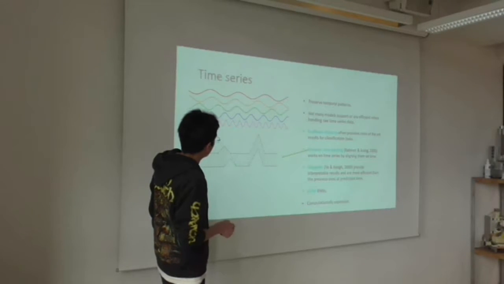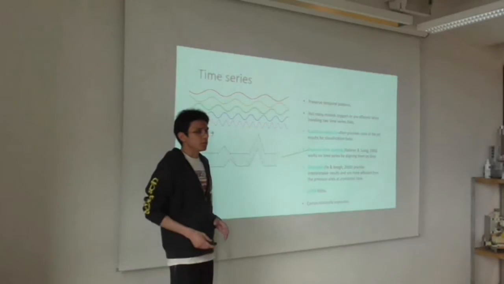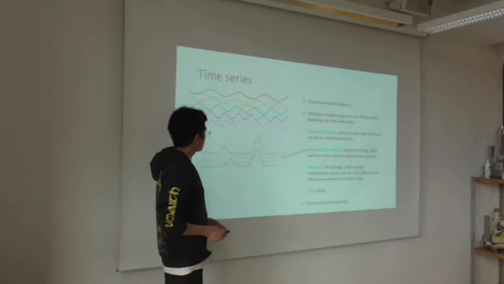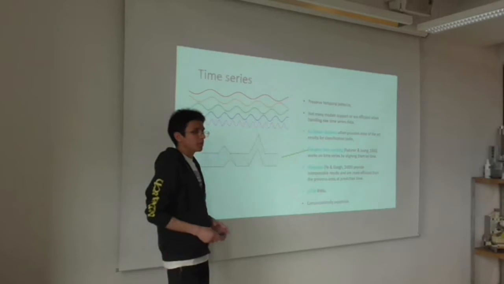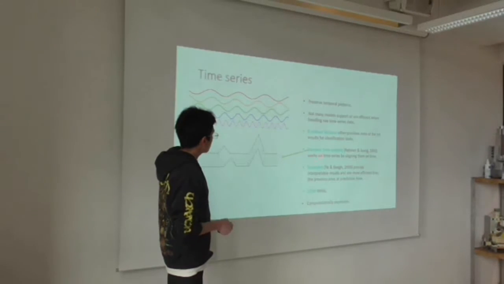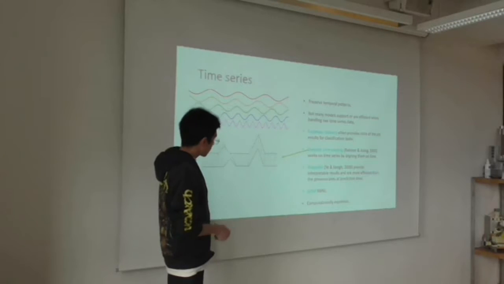So with dynamic time warping, what you do is to try to first align these two time series over time, and then you compute the Euclidean distance once these time series are aligned on time. So sometimes this can produce better results than using a pure Euclidean distance approach.